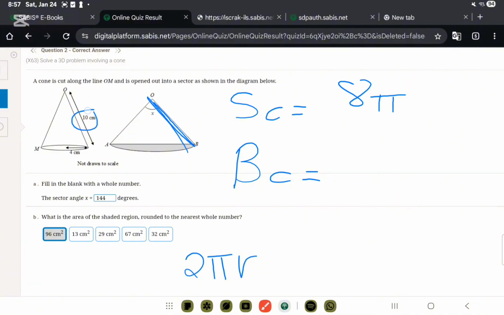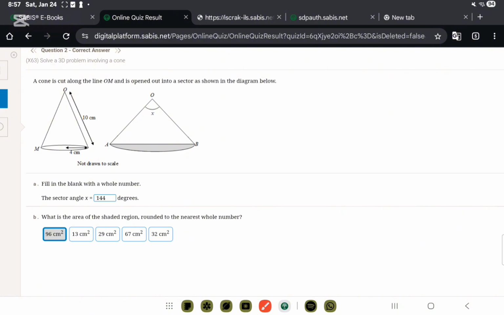As we know here, it is 10. Like I said last week, we treat this as a big circle, so we need to extend it. Now O is our central point. So when we draw the line OB, it resembles the radius.